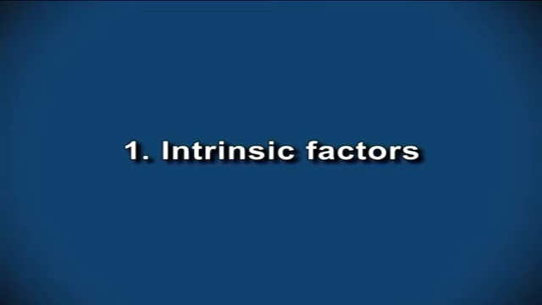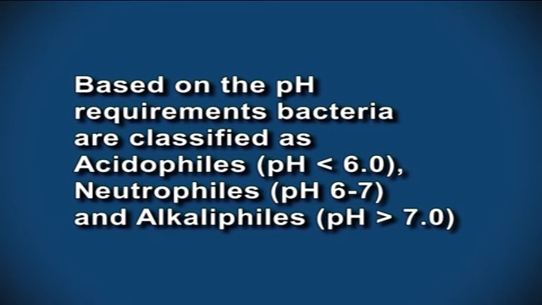Intrinsic factors. Several intrinsic factors can influence the growth of microorganisms. The pH can affect the growth of microorganisms. Based on the pH requirements, bacteria are classified as acidophiles, neutrophiles and alkalophiles.